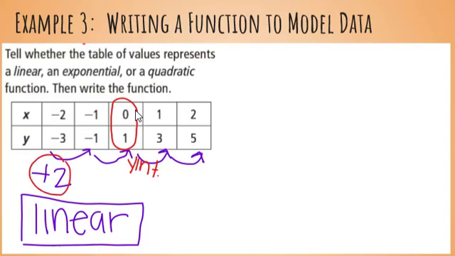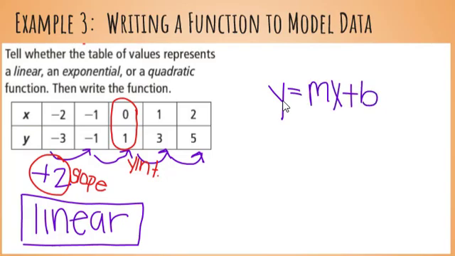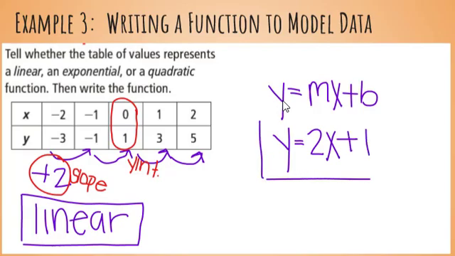Our pattern of adding 2 is also important because this is actually our slope or our m value. So if we're looking at y equals mx plus b, we're going to plug in that slope for the m value and the y-intercept for the b value. So our equation here is y equals 2x plus 1.